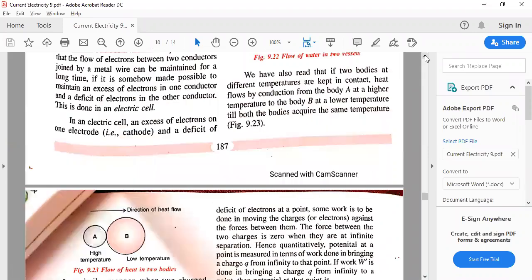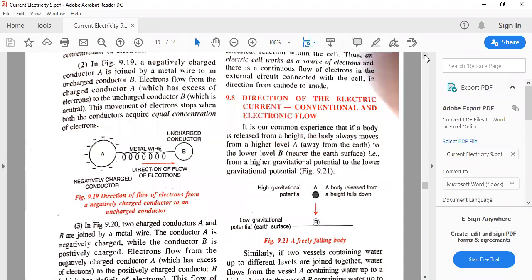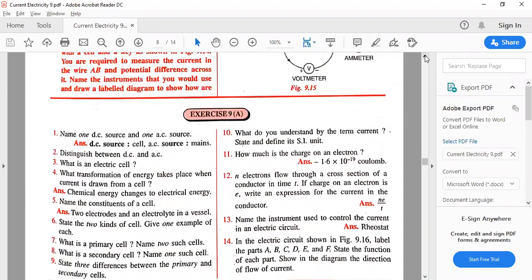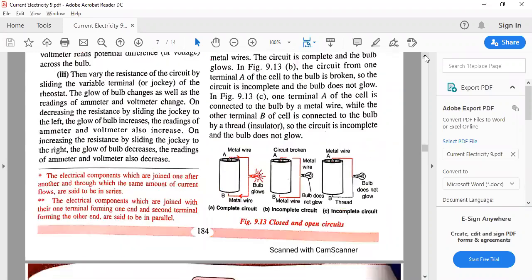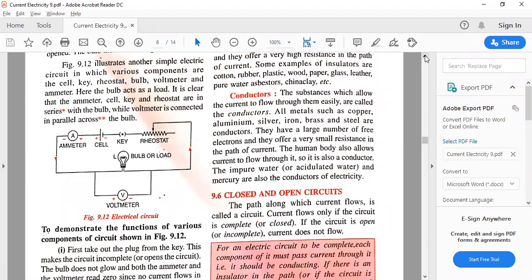So in physics, current electricity, it has been decided that current will be flowing from positive to negative. Even though practically the current is flowing from minus to plus, here minus means excess of electrons and positive means deficit of electrons, so electrons flow from excess to deficit.